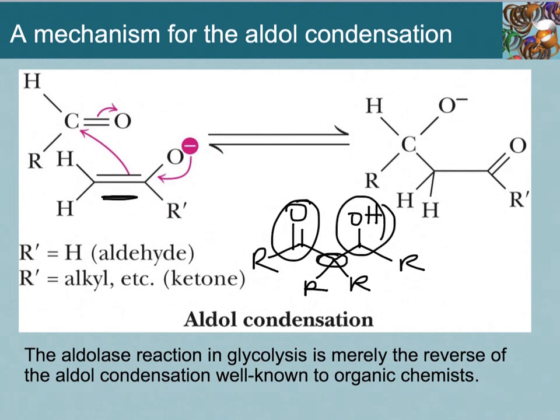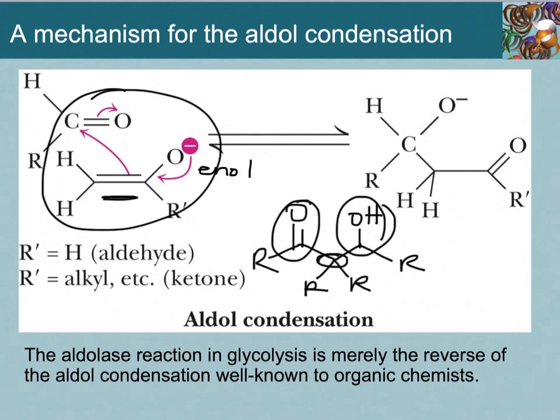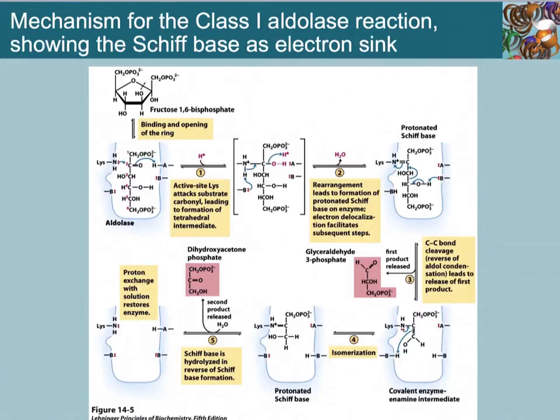And we have reaction between a pi bond and a carbonyl to form the aldol. If you recall, this is an enol, where you have an OH next to a double bond.